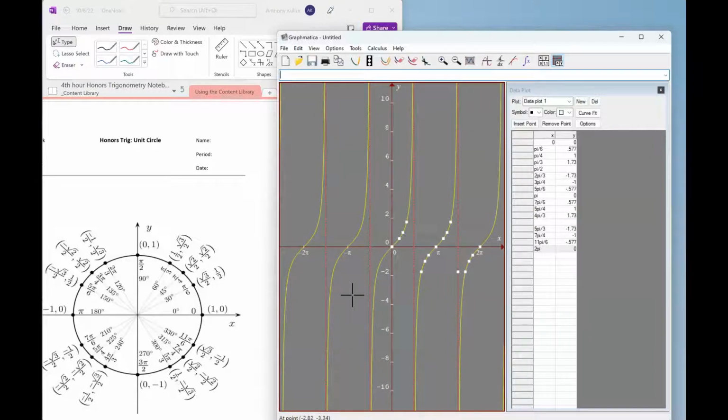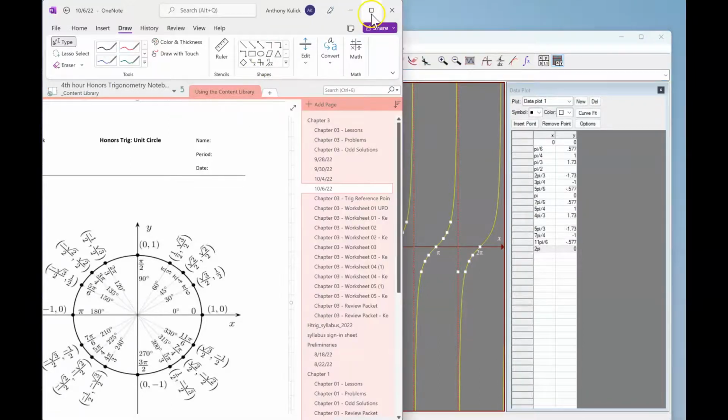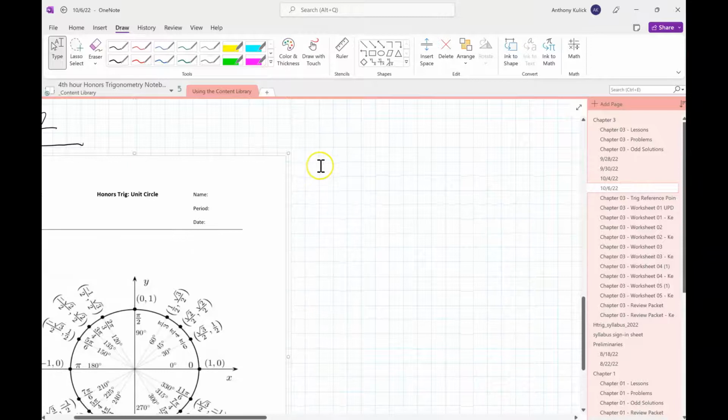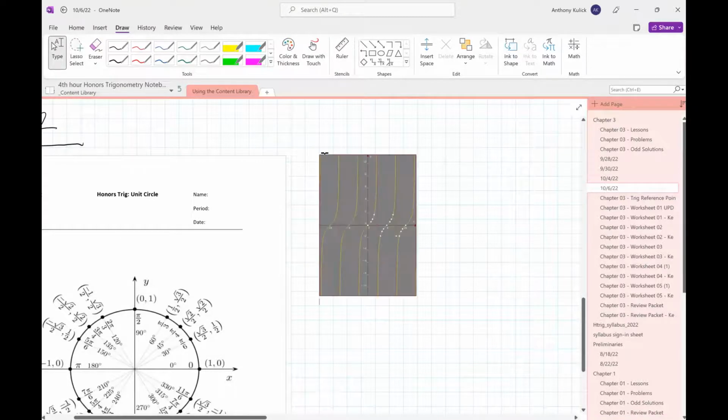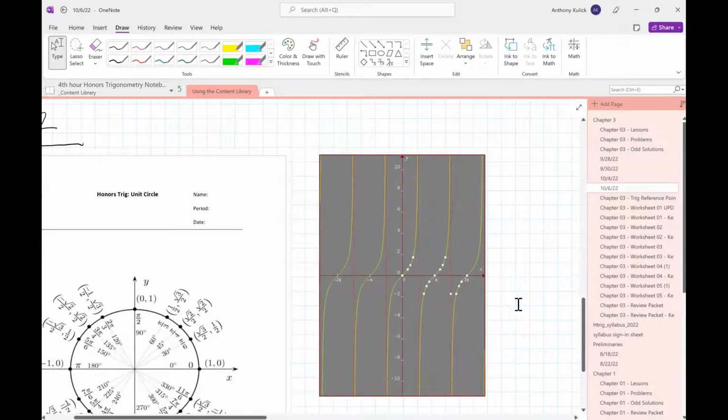So what's the period for tangent? It's pi. Yeah, you're right. Not for transformations, because those can change, but the fundamental period for tangent is pi.